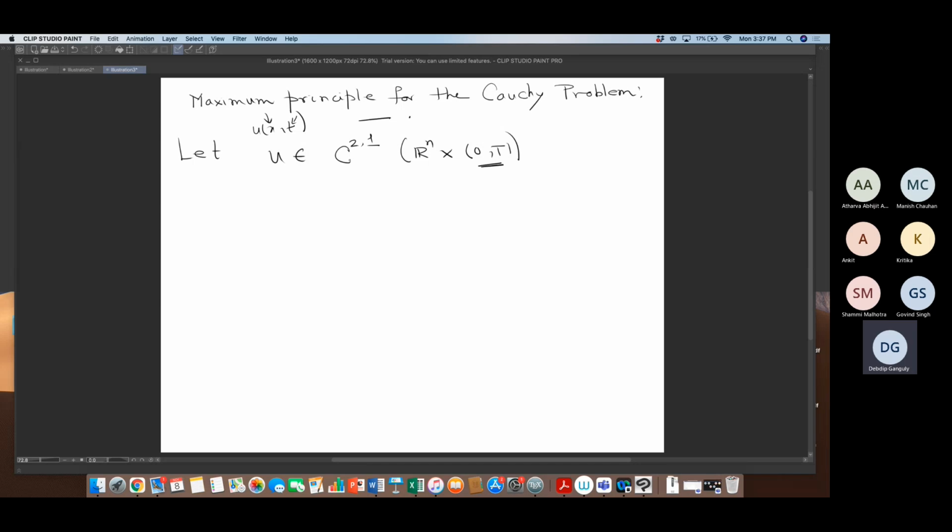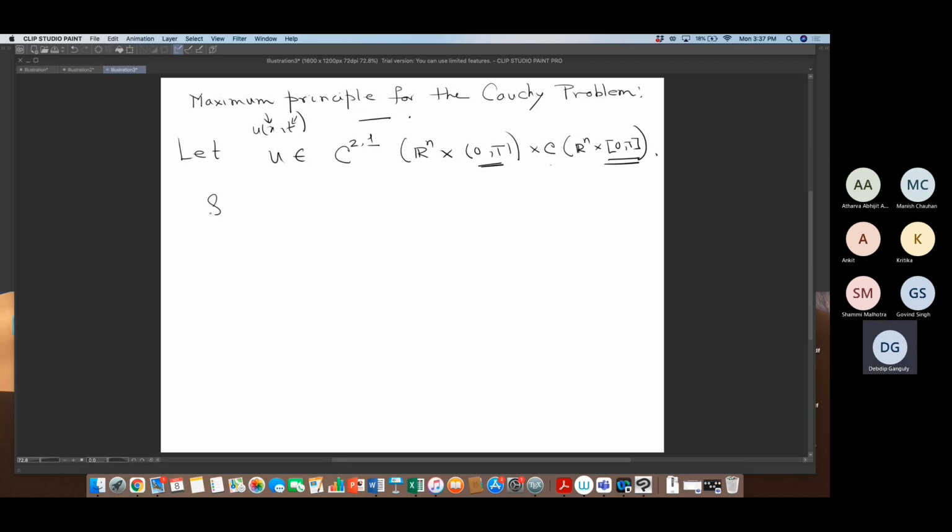So u is continuous up to the closed and bounded interval. In the open interval it is C^1, but at the end point it is continuous. So it is continuous up to the boundary.